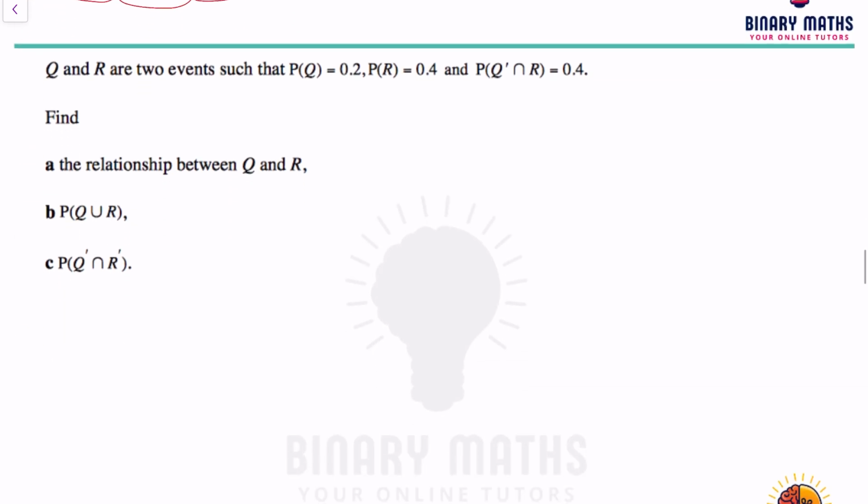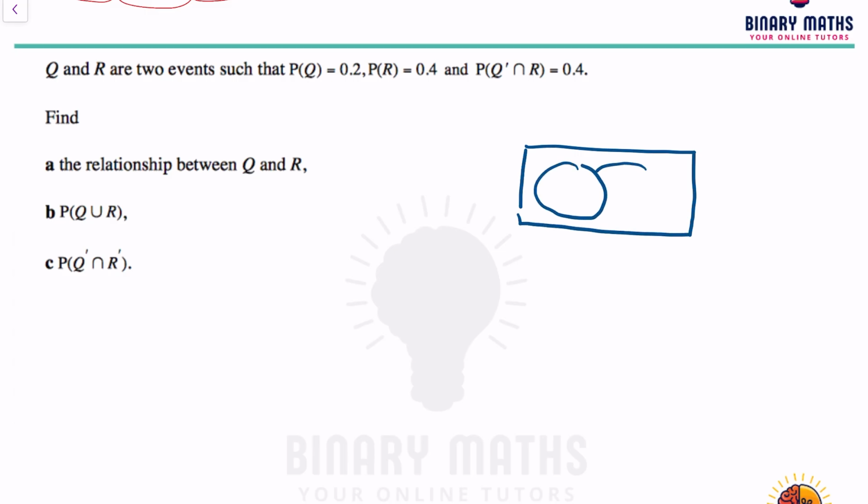Okay, so next one, Q and R are two events such that P(Q) is equal to 0.2 and P(R) is equal to 0.4 and P(not Q and R) is equal to 0.4. So if I were to draw it out, a Venn diagram, then I know Q. I've got probability of not Q and R means it's this part.